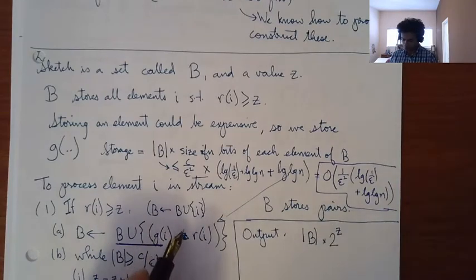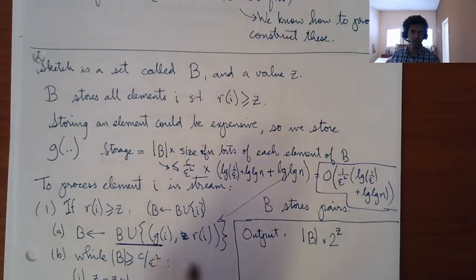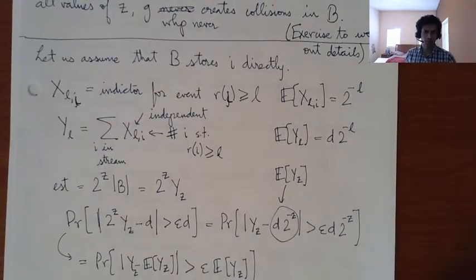And so B is just storing the set of elements. And this is going to make our calculation simpler. And in the formal proof, what you would do is you would say this holds with high probability, and then eventually do a union bound over all the errors.